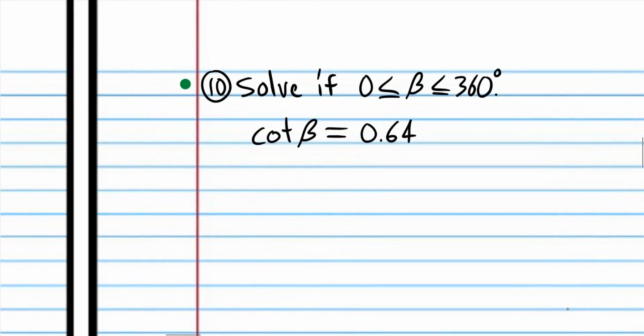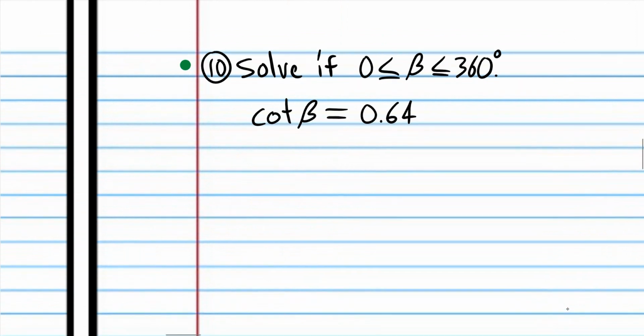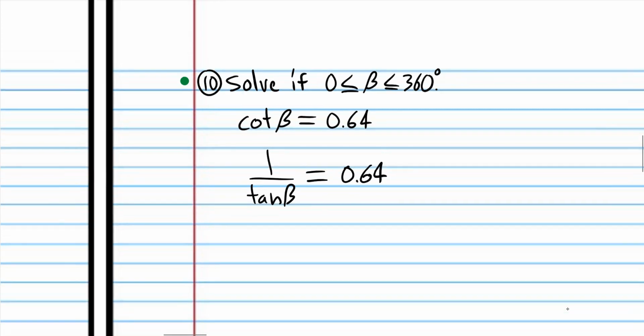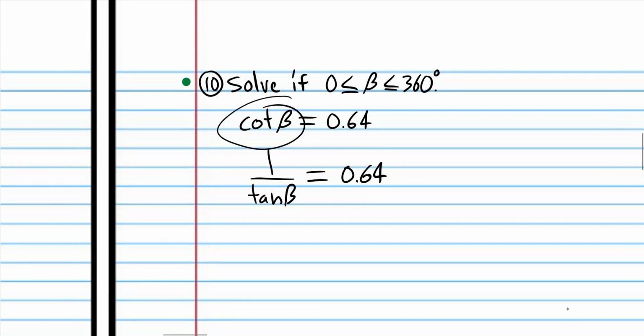Alright, we're back. So if cotangent is equal to 0.64, then tangent is equal to 1 over 0.64. If you want to write an extra step, you can. Cotangent is just the same thing as 1 over tangent.